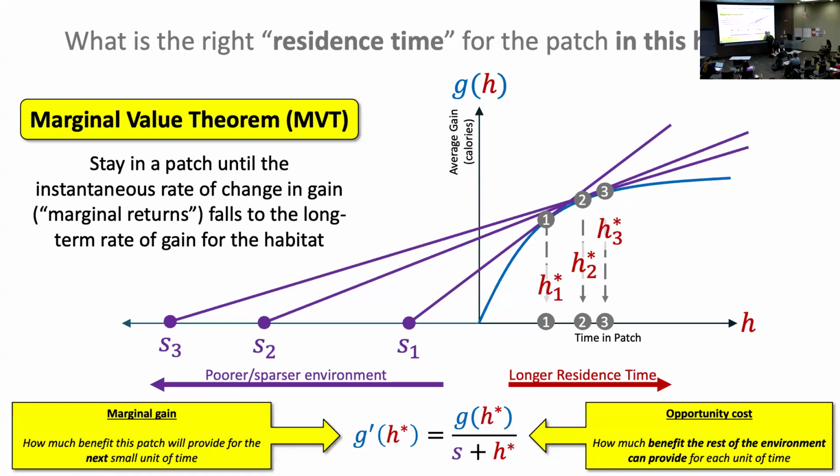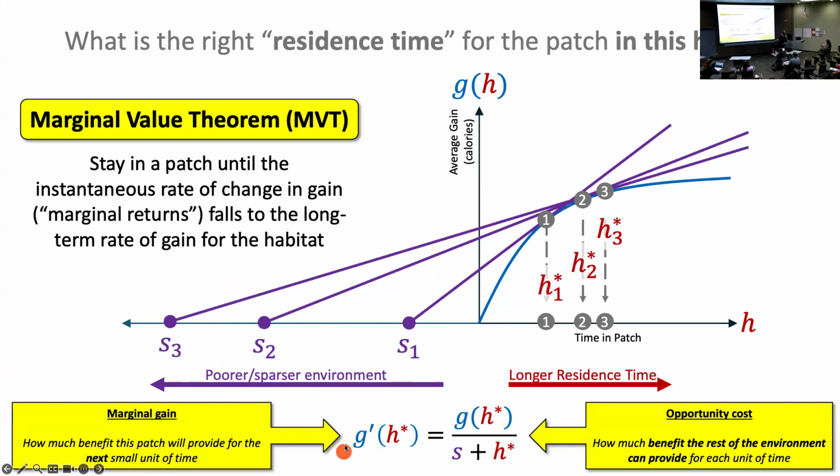You're not losing out as much, because if you leave early, you're going to be spending most of your time searching without getting any gains anyway. So you may as well stay in the current patch a little longer. So the general prediction is that poorer, sparser environments, going to the left on the axis, lead to longer residence times.